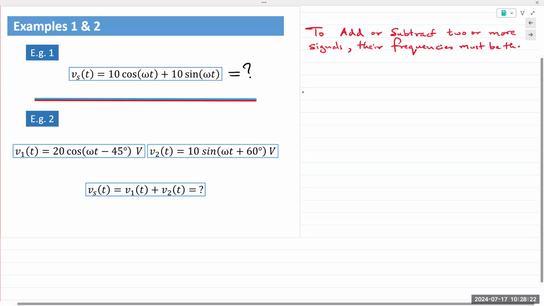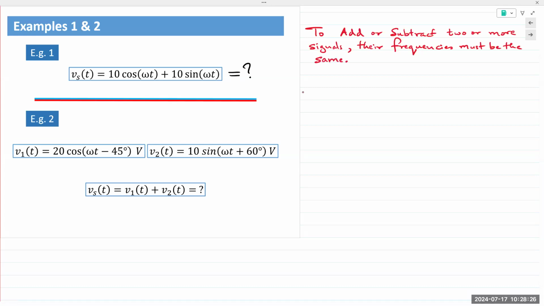If they are not the same, we cannot add or subtract them. We simply enter it as an equation, meaning x plus y minus z. That's it. We don't do anything to it.